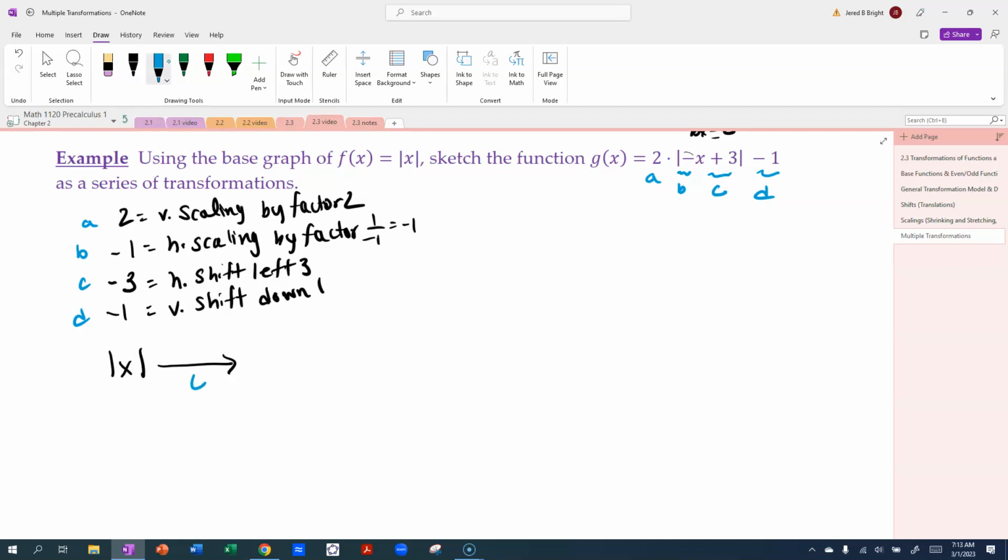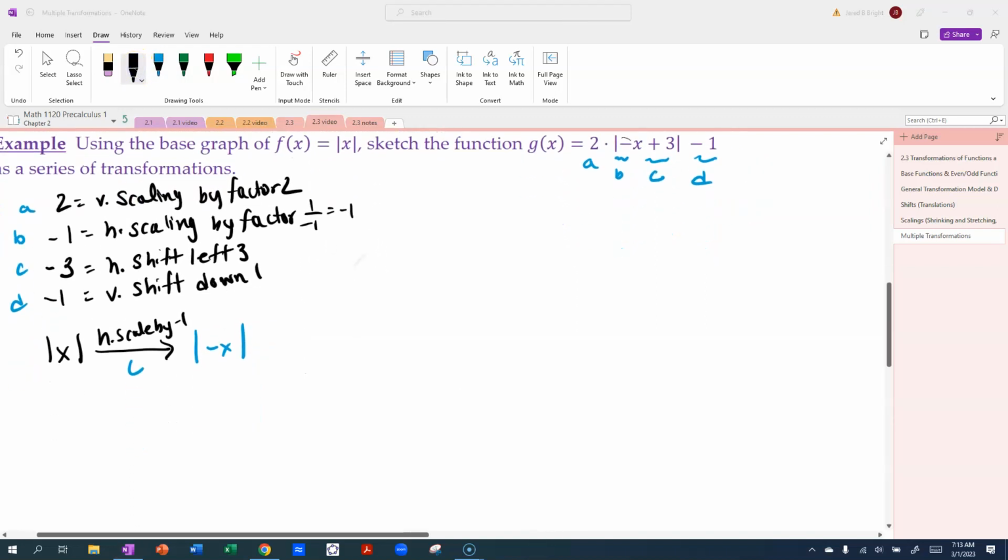C bad. So that is my horizontal scaling by -1. And when I do that, algebraically I replace x with the opposite of x, with whatever my scale factor is. Well, 1 over the scale factor.